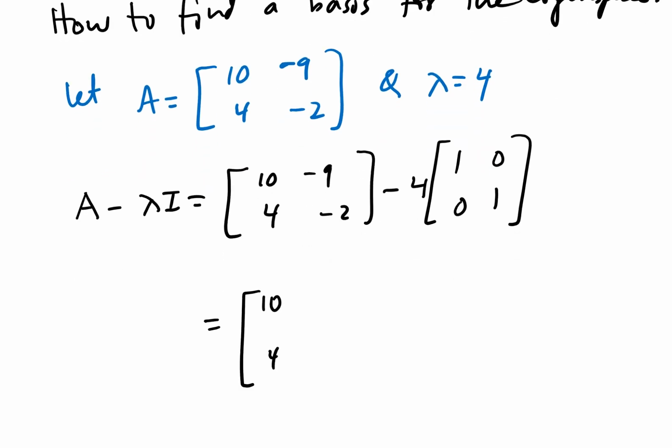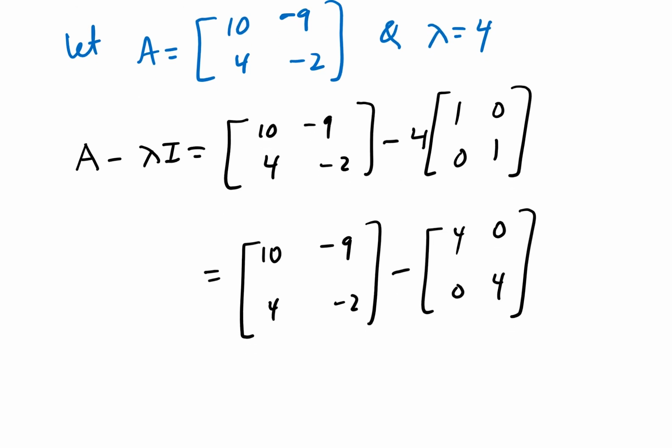So 10, 4, negative 9, negative 2, minus, multiply the 4 in, 4, 0, 0, 4. If we subtract these two, what do we get? 10 minus 4 is 6, 4 minus 0, 4, negative 9, and negative 6.